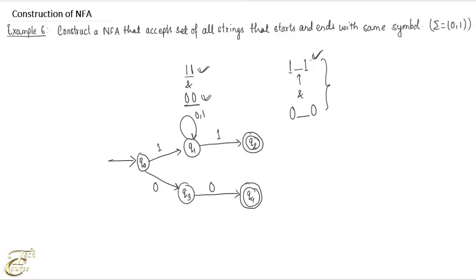Similarly, whatever the symbols come between these two zeros should be accepted, therefore whatever the symbols come in Q3 state are consumed by this Q3 state. So this is our required NFA.